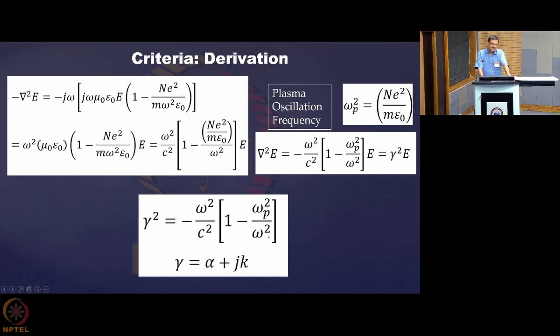Then you see that this side is more than 1 and this is giving a negative quantity, negative into negative becomes positive, and gamma becomes real. And when omega square is greater than omega p square, it is always negative and gamma should be a purely imaginary term, square root of a negative, right?